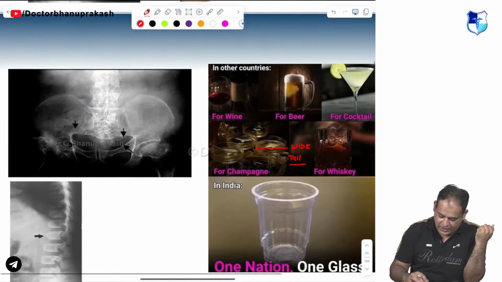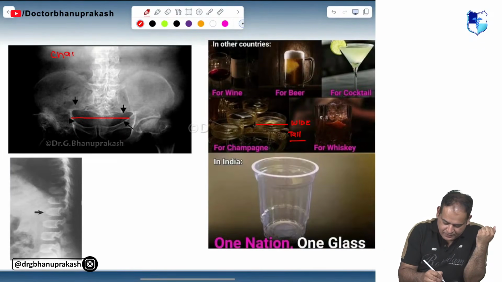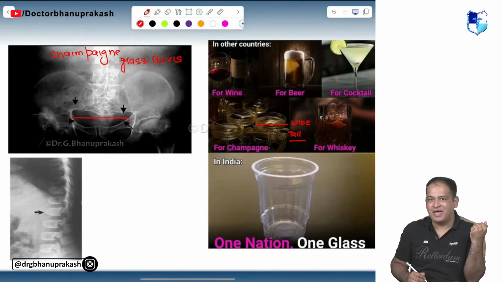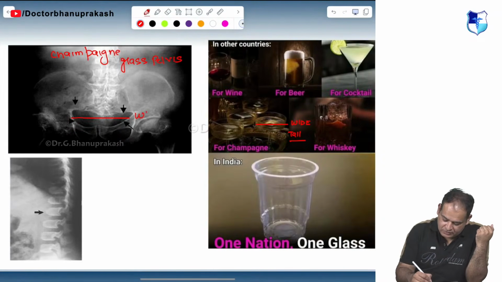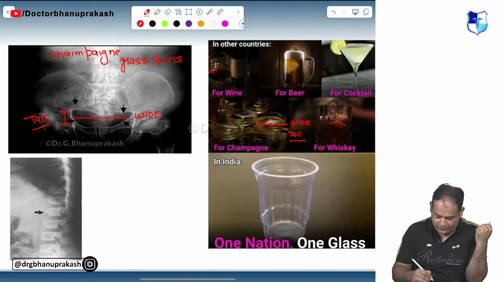Right? Now here, what kind of pelvis is this? So this is called champagne glass pelvis. Now this pelvis is very wide and not very tall, fine.